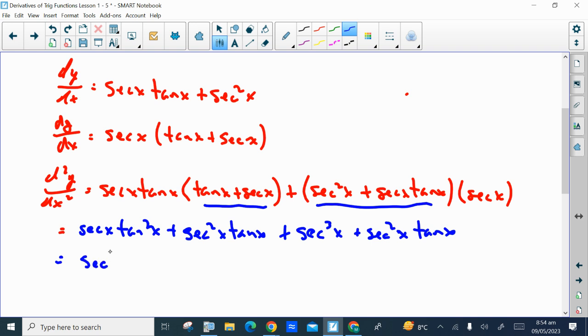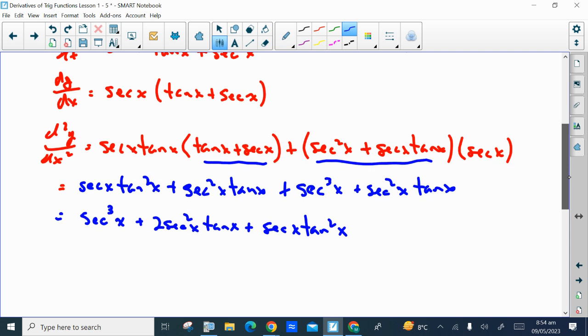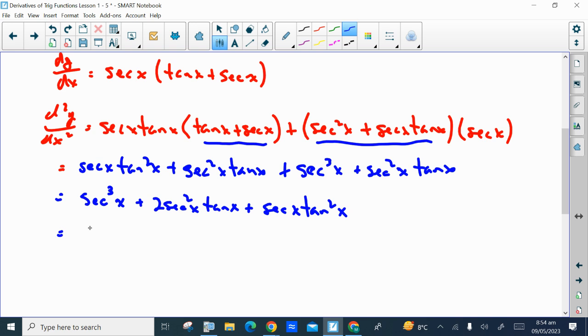I write them in order of descending power. I've got sec cubed x. I've got 2 sec squared x tan x, and I've got 1 sec x tan squared x. And there's one more thing that we can do here. There is a common factor of secant x that we can take out, which will give me secant x times sec squared x plus 2 sec x tan x plus tan squared x.